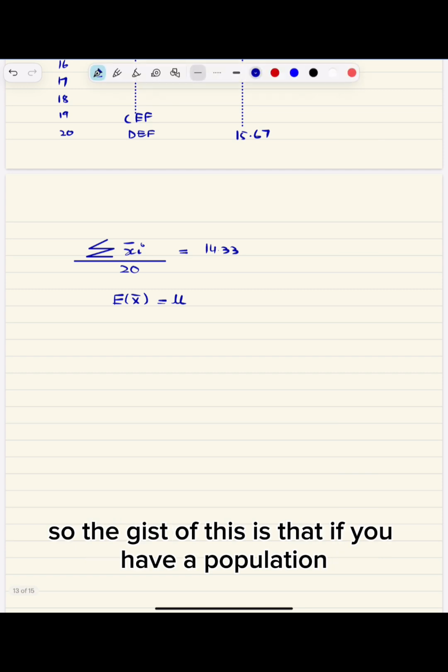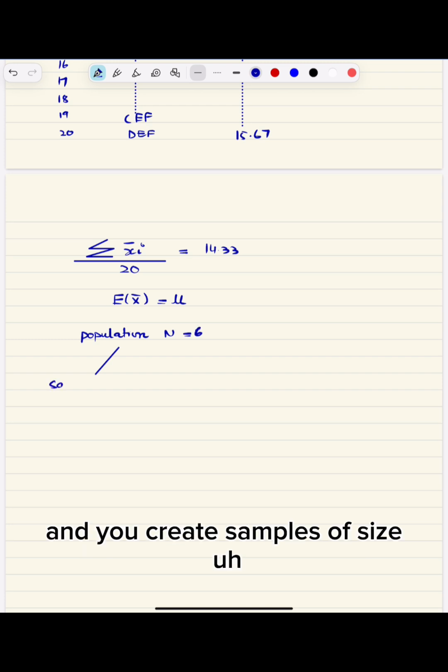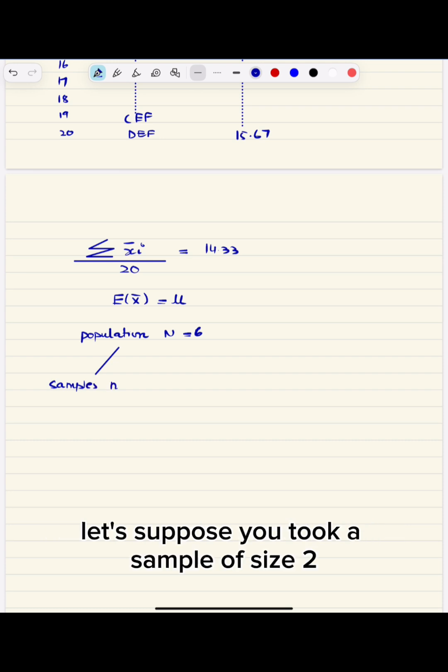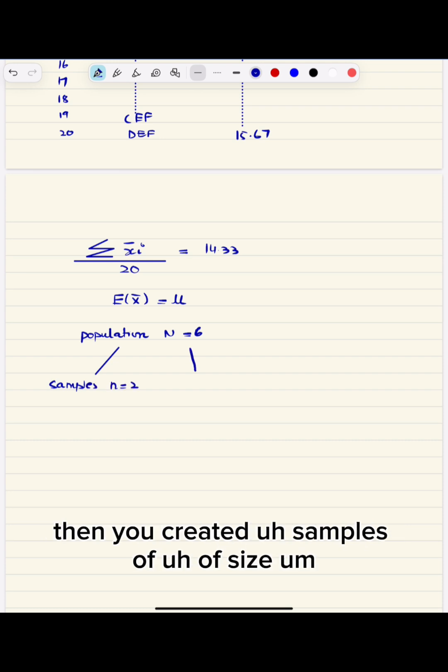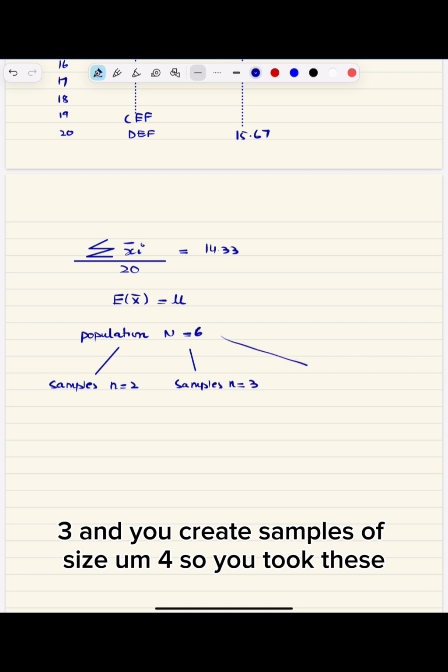So the gist of this is that if you have a population of size n, in this case it was 6, and you create samples of size, let's suppose you took a sample of size 2, then you created samples of size 3, and you created samples of size 4.